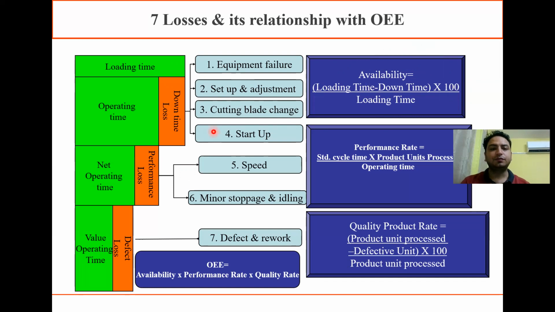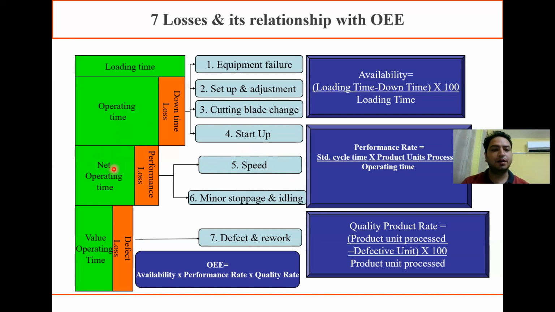Next is the performance rate. Basically in these losses we calculate the speed losses. In every machine there is a designed speed. Suppose 1000 rpm is the machine design speed rated by the manufacturer, and we are operating at 900. So there is a 100 rpm loss, which is the speed loss. We are not operating as per the standard cycle time, and minor stoppage and idling time are also there.